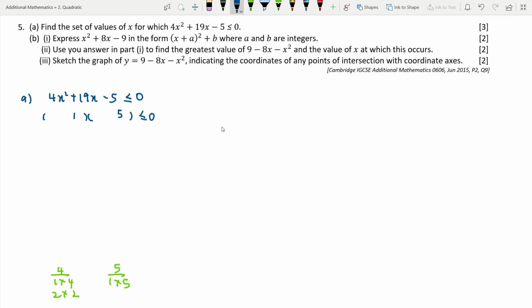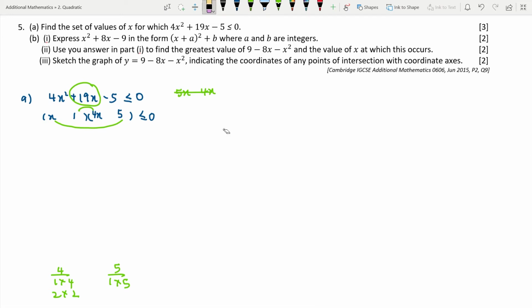As for 4x squared, we need to do trial and error. Let's try 1 and 4, x and also 4x. Here we will obtain a 5x, and here we will obtain a 4x. We need to obtain a positive 19x. Hence, this is not the combination we are looking for.